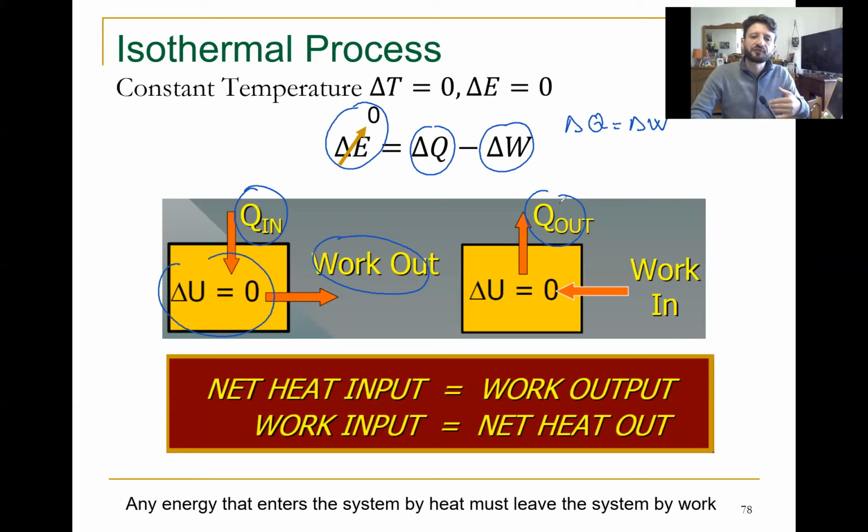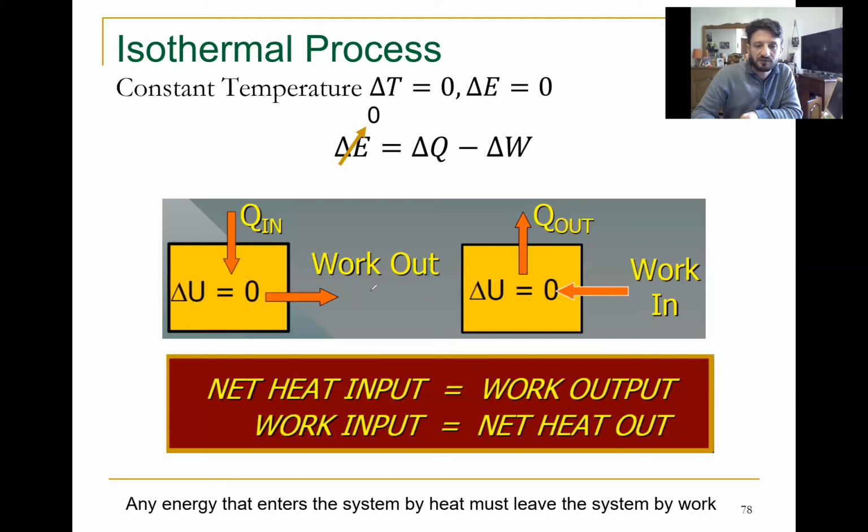I mean, if Q is negative, W is negative. You know, W is negative if we decrease the volume. If Q is positive, W must be positive. W is positive, I mean we increase the volume. Okay? So here it means volume increases.